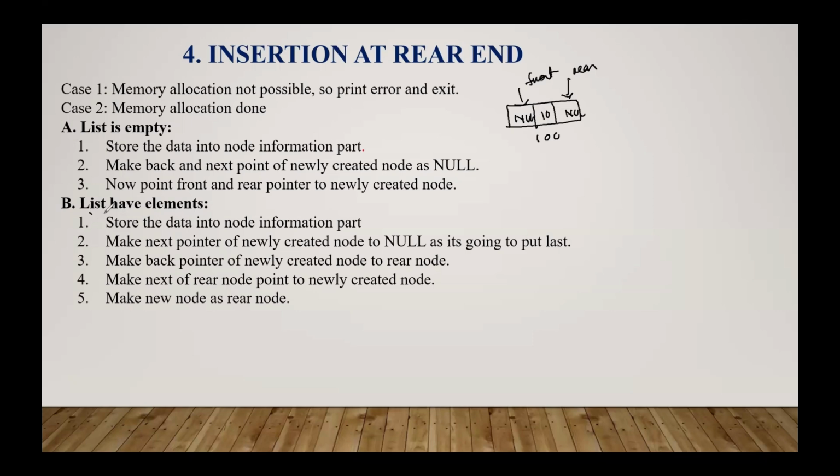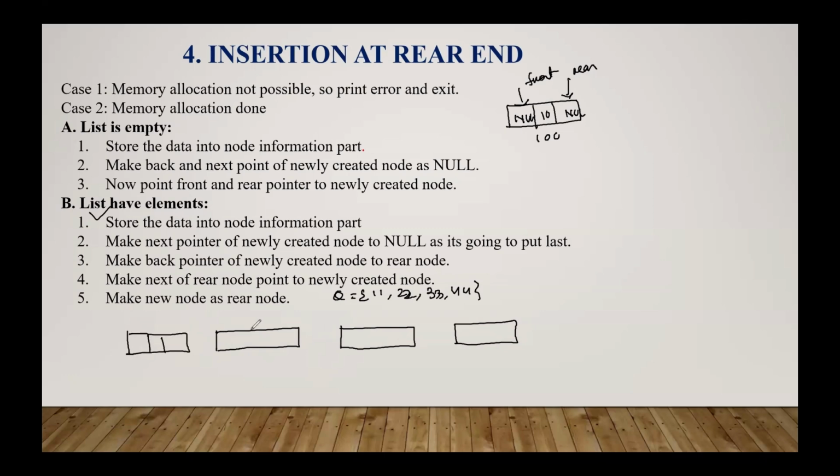Otherwise, the list has elements, meaning the queue has elements, because here the queue is represented by the number of nodes. For example, this queue has the elements 11, 22, 33, 44. For 4 nodes we require this many. Each node has 3 parts: information, a pointer to the back node, and a pointer to the next node.